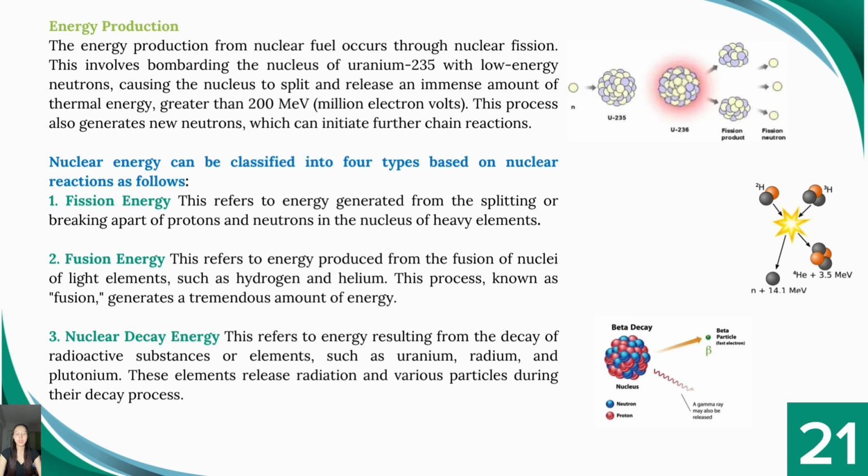Nuclear energy can be classified into 3 types based on nuclear reaction as follows. 1. Fission energy. This refers to energy generated from the splitting or breaking apart of protons and neutrons in the nucleus of a heavier element. 2. Fusion energy. This refers to energy produced from the fusion of the nuclei of light elements such as hydrogen and helium.